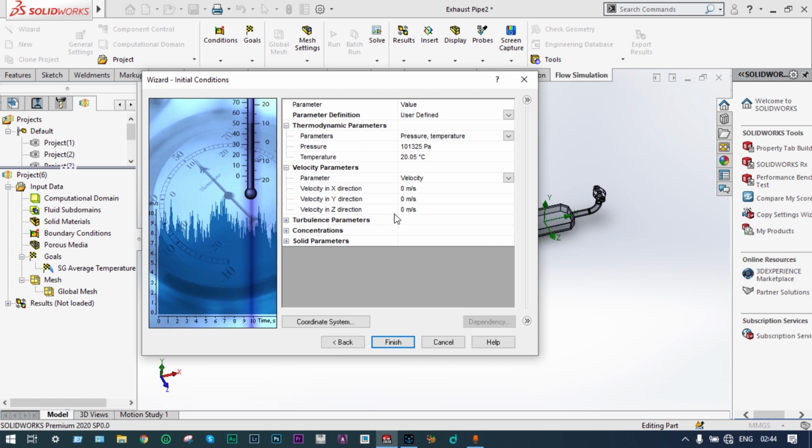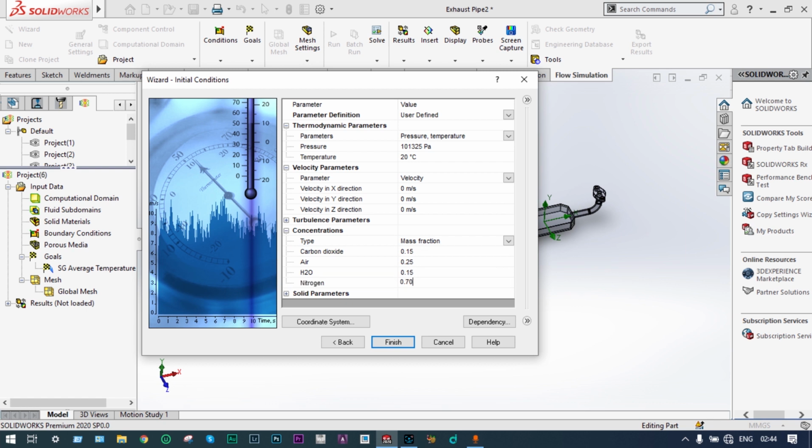The pressure will be 101325 Pascal, the temperature will be 20 degrees centigrade, and the solid temperature will be 20 degrees centigrade again. What is very important is concentration. As we're considering a petrol engine, it will have carbon dioxide, water vapor and nitrogen. The percentage of carbon dioxide will be 15%, water vapor 15%, nitrogen 70%.